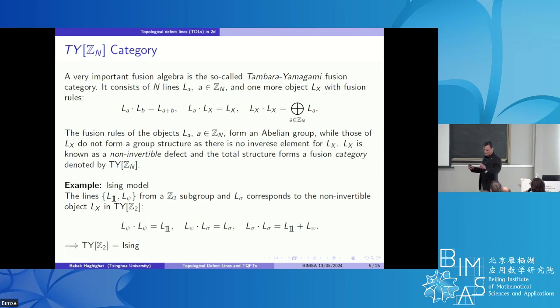So you can put on half of the space the actual theory, and on the other half you put it on the dual lattice with the inverse coupling. Then you go to the self-dual point of the coupling. That's how that line is defined. It adds some signs in the transfer matrix.